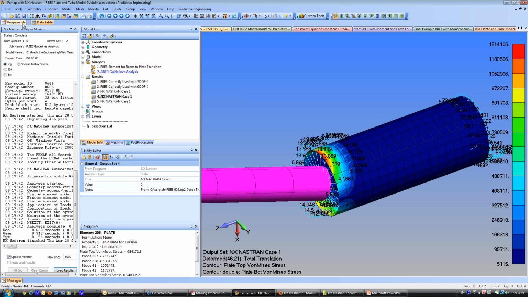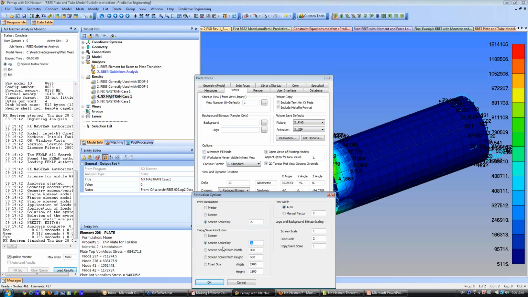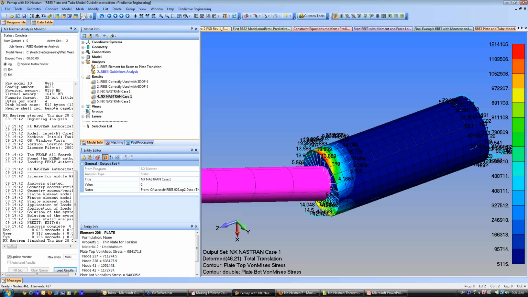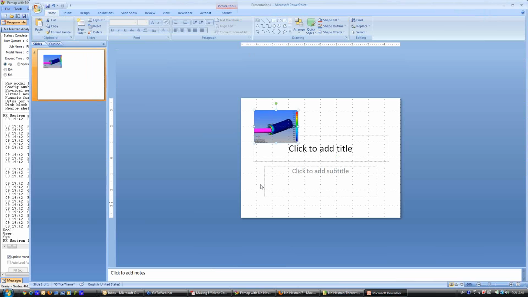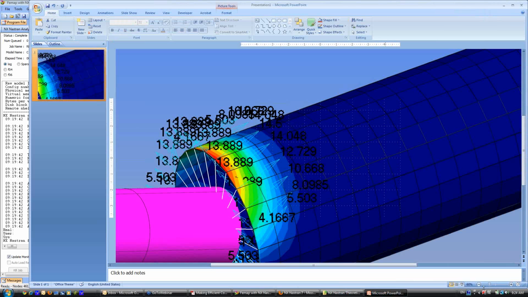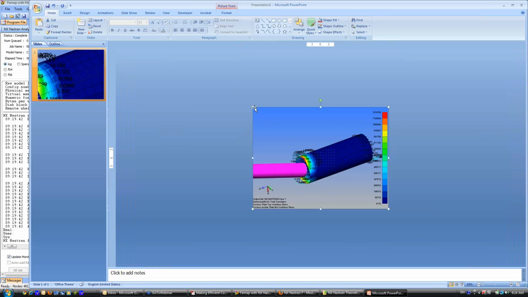Now let's go back to File, Preferences, Resolution. Go back to my default of 4. Boom, boom, boom, boom, boom. You notice a little pause there? Now paste. A 1 and a 2 and a 3. A little bit bigger, huh?